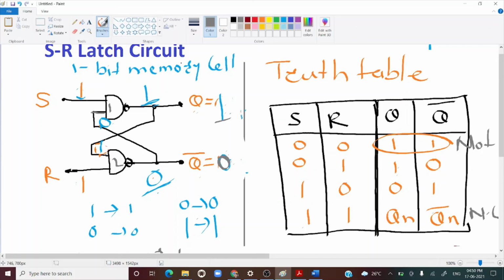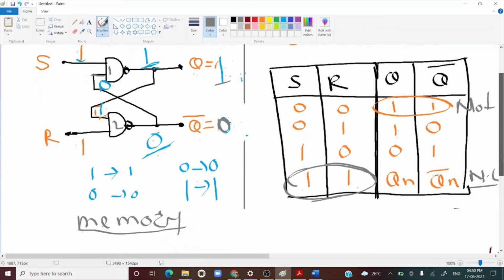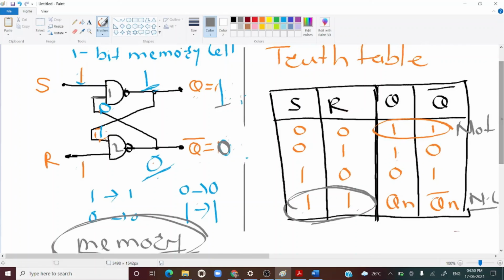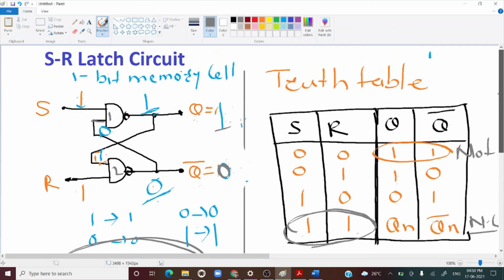But this works as a memory for this input condition only, that if S is 1 and R is 1, then there is no change at the output because it retains the output. Okay, it has stored that output, it is in its memory. Okay, whatever may be the previous value, it will remain as it is. That's a memory, and that's how we can also store a 1 bit of data into that. Okay, and that's how it is working as a 1-bit memory cell.